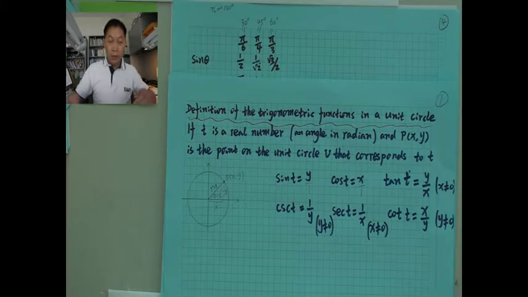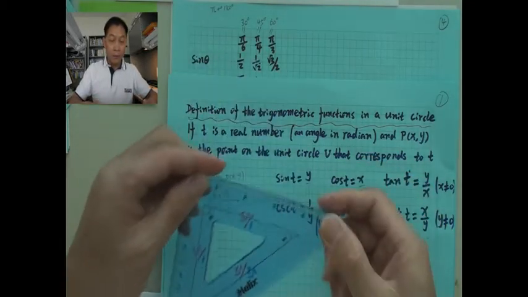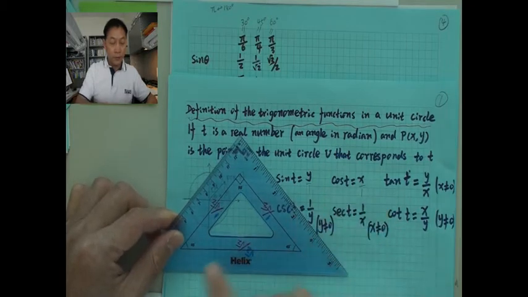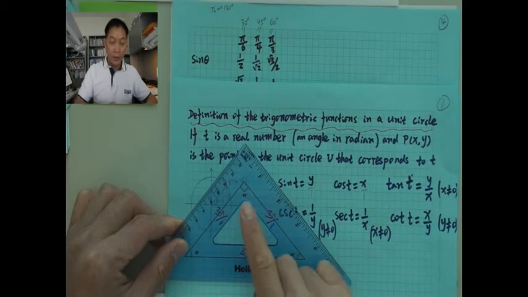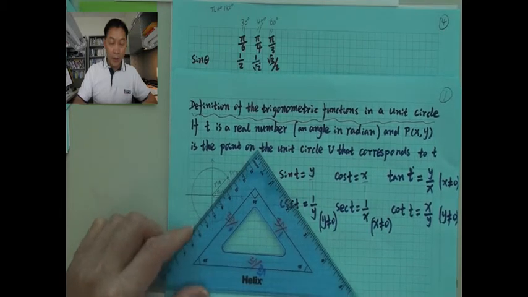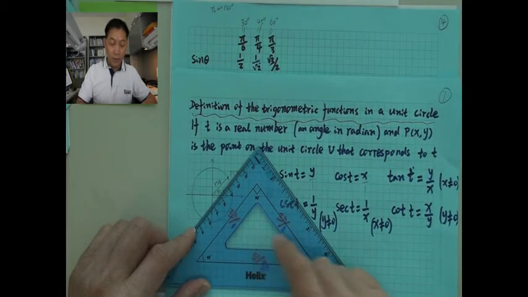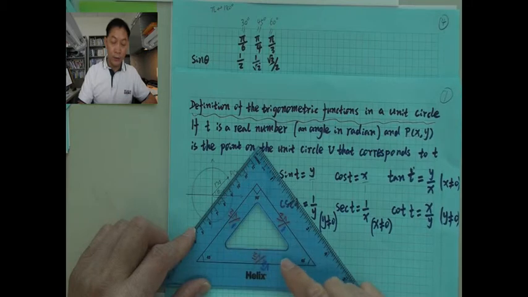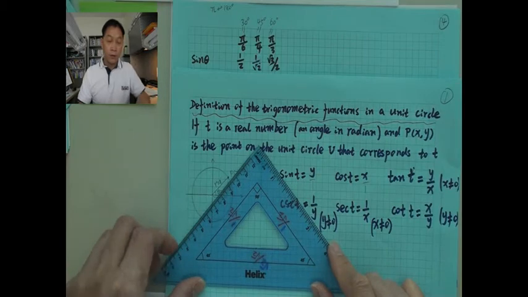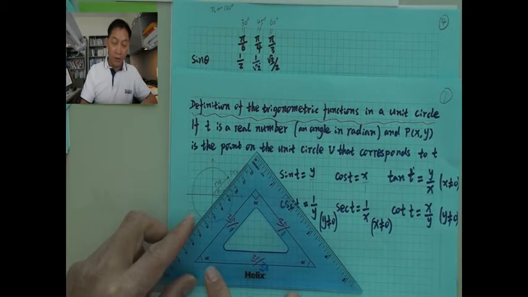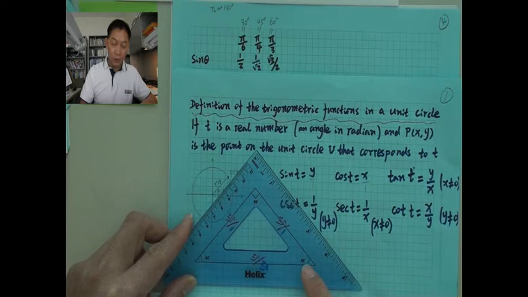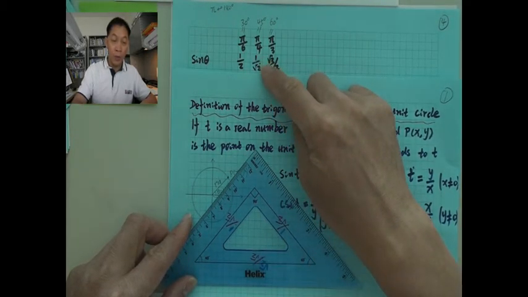And then, for this one, 45 degrees, 90 degrees, you may mark those two legs as 1, and here the hypotenuse will be radical 2, because 1 squared plus 1 squared is 2, and radical 2 squared is 2. So sine 45 is 1 over the hypotenuse, which is 1 over radical 2.